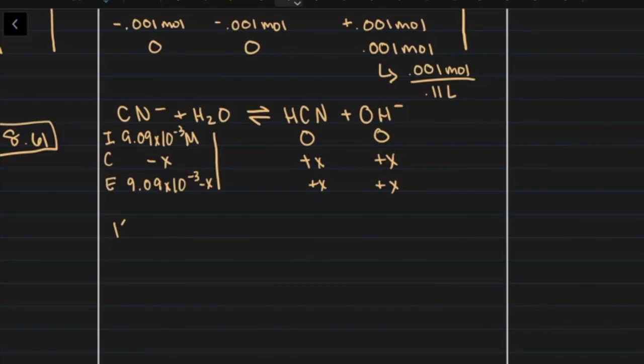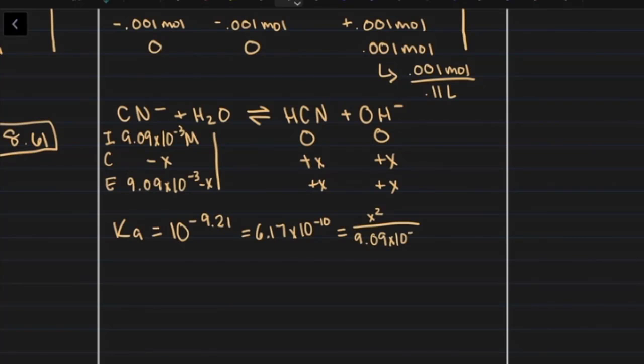Okay, so now we can find our Kb. To do that, we'll use our pKa. So we'll do 10 to the negative pKa, or 9.21. We'll get our Ka of 6.17 times 10 to the negative 10th when we solve for that. So now we can set that equal to our expression, which will be x squared over 9.09 times 10 to the negative third minus x, which is our reactants.